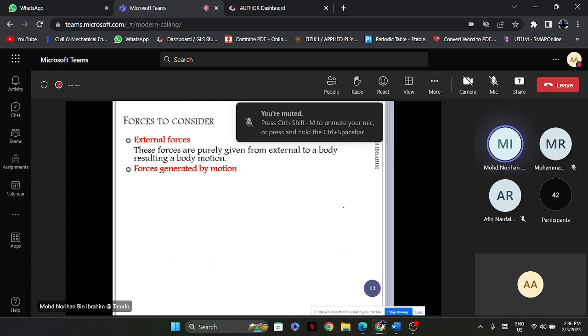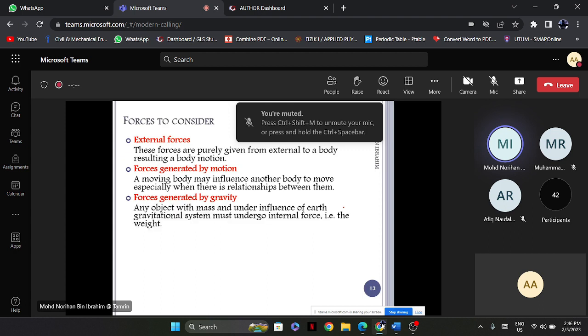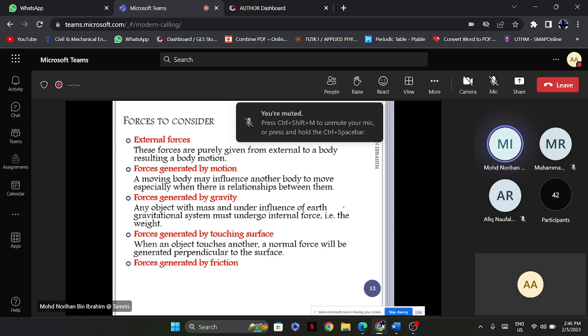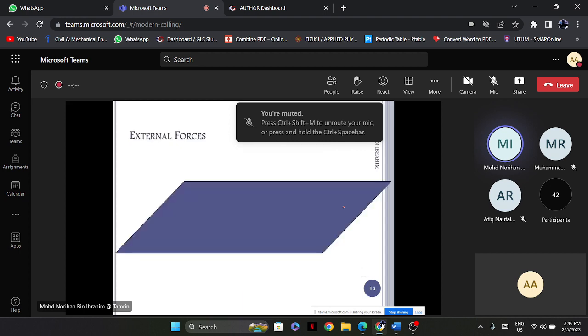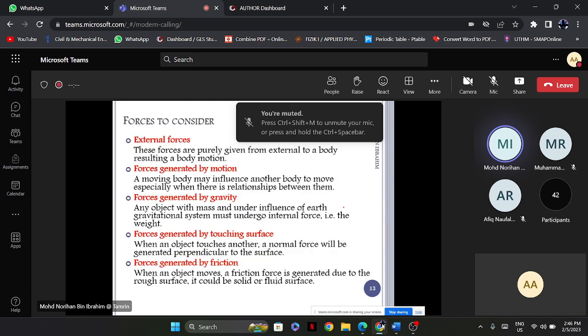So the next is about the forces to consider. There are several forces which need to be considered when we do an analysis concerning the kinetics of a particle. So here is the list of forces which need to be considered. The first one we call external forces.